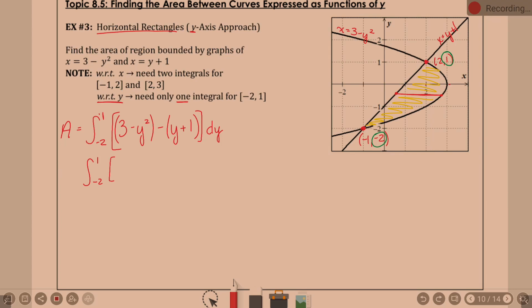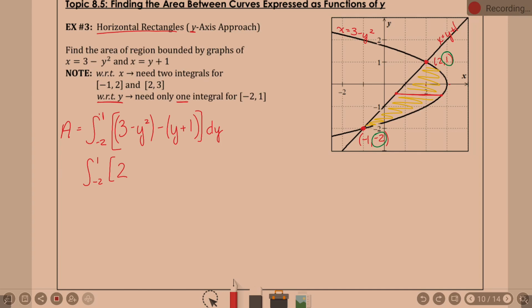So when we clean this up, what do we end up with? 3 minus y squared minus y minus 1 gives 2 minus 2y squared, no, minus.